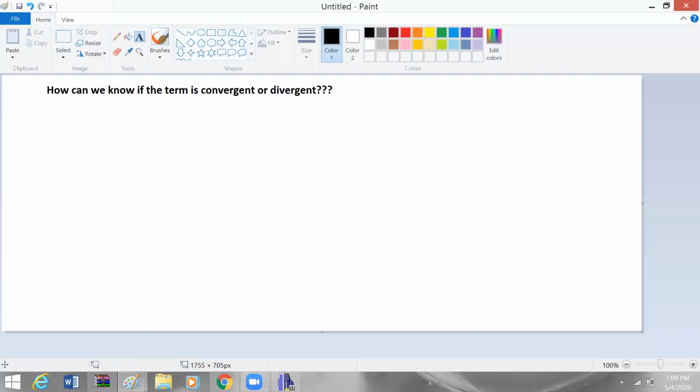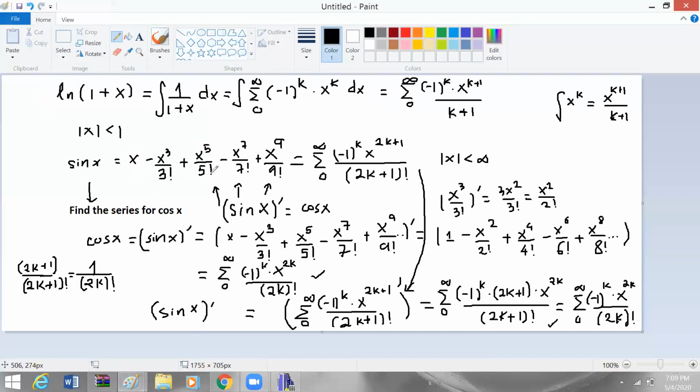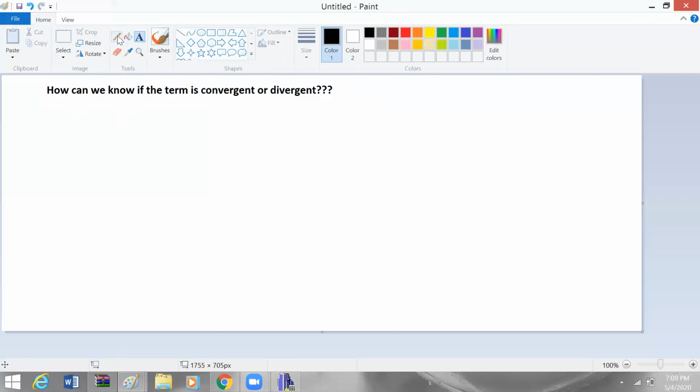For example, when we look at the sine of x, the series would be equal to the summation of negative 1 to the k times x to the 2k plus 1 over 2k plus 1 factorial, right?